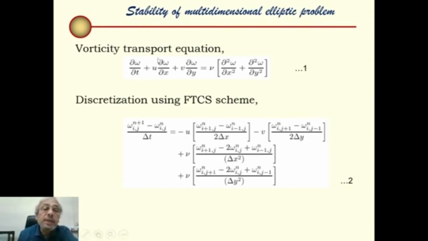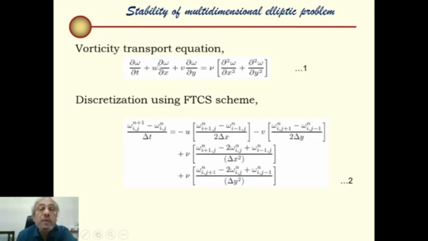The time derivative del omega del t has been discretized as omega at ij point, omega ij at the n plus 1th level minus omega ij at the nth level, by delta t, forward in time, minus u.